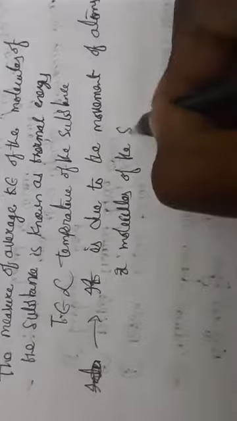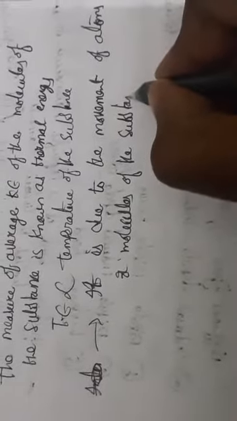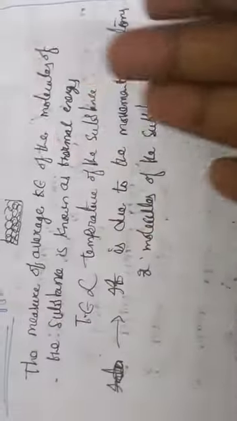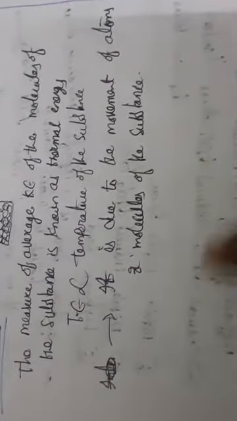In a substance we have atoms or molecules, and for each we can calculate the energy. When the atoms or molecules are moving in the substance, automatically we can calculate the thermal energy.